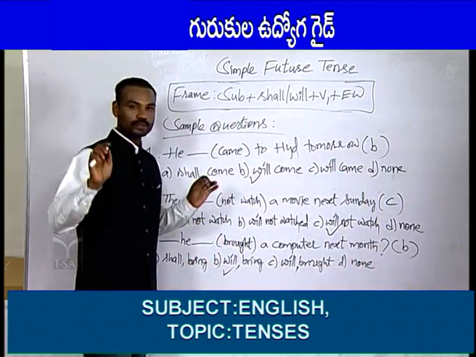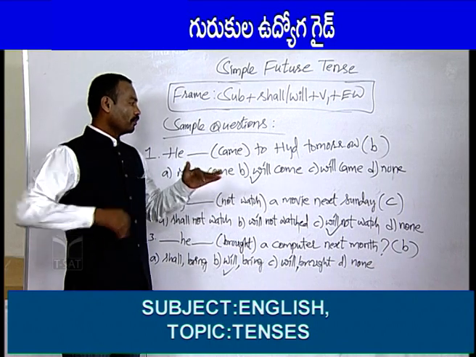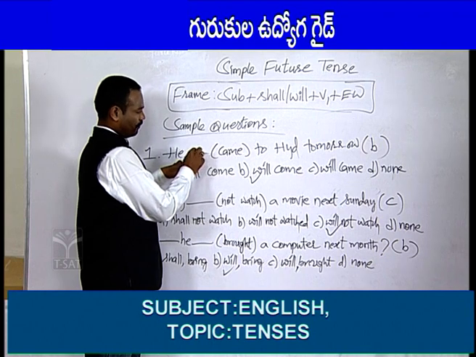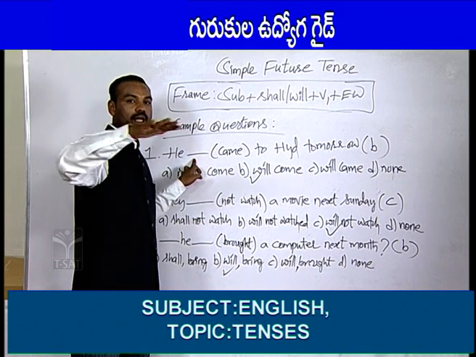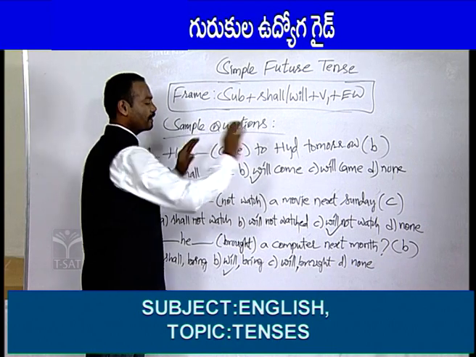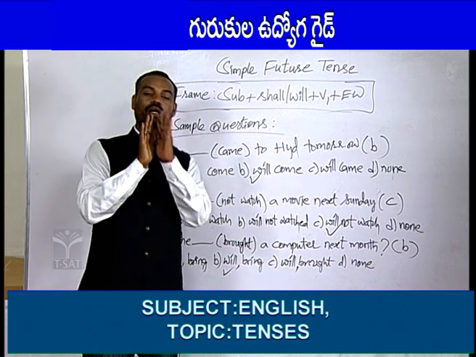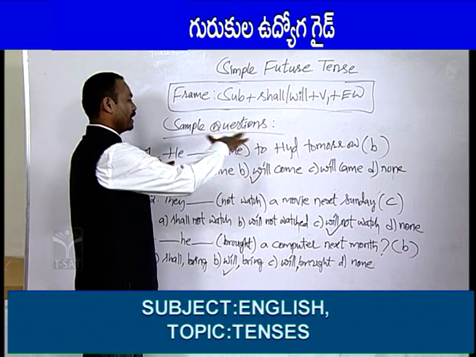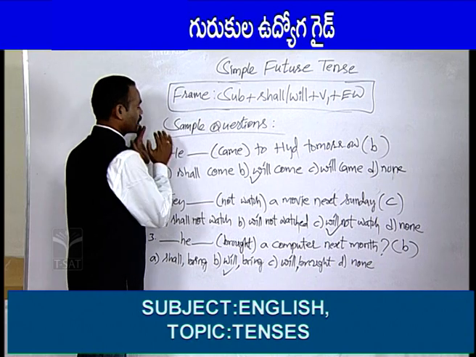So friends, what did you understand here? This first one will tell you how positive sentences are given from simple future. Every positive sentence should start with the subject only.